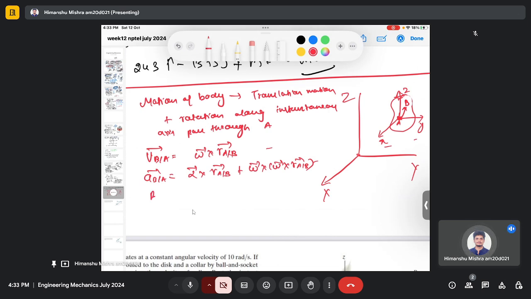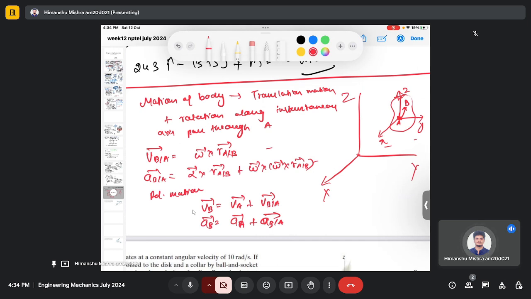Then the relative motion can be given as VB equals VA plus VB/A, and AB equals AA plus AB/A.